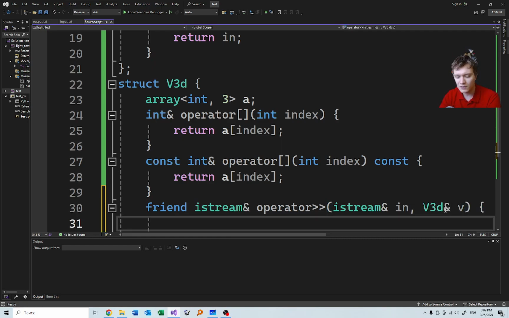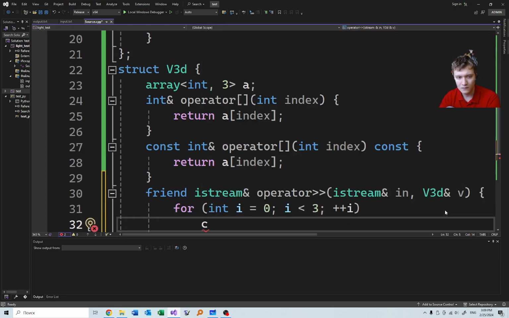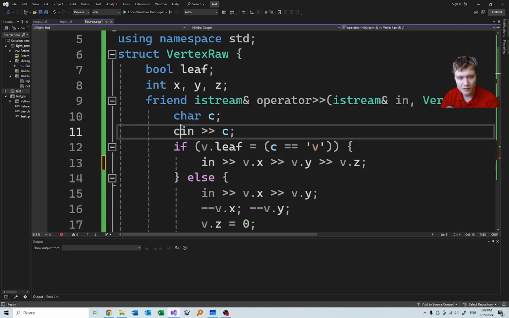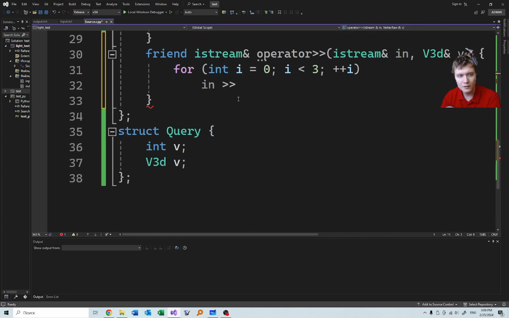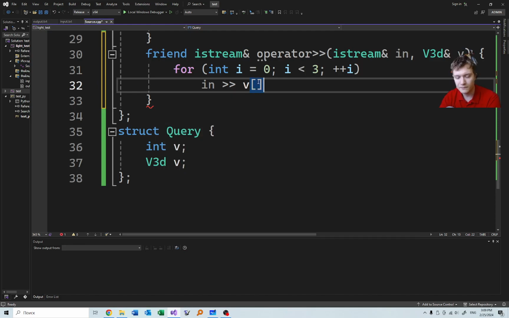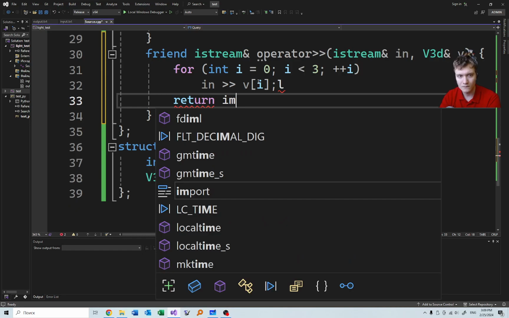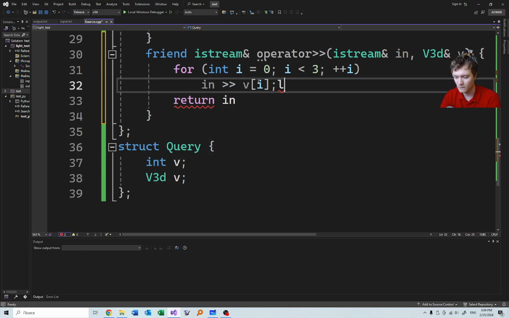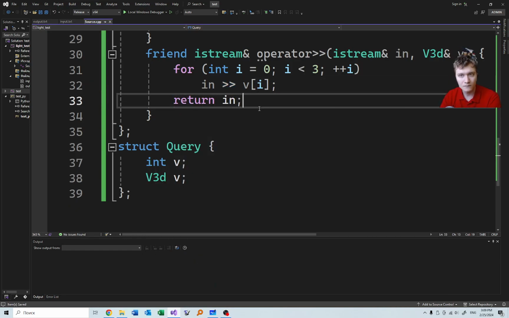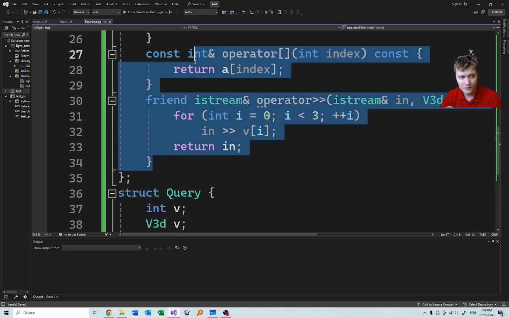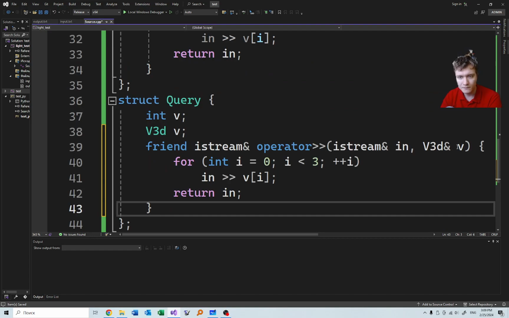And here we read, if this was an error. Here we read the vi. Also, we can read the query in kind of same manner.